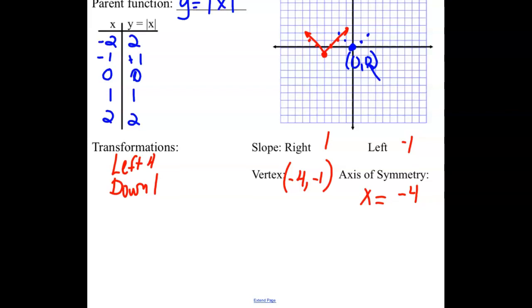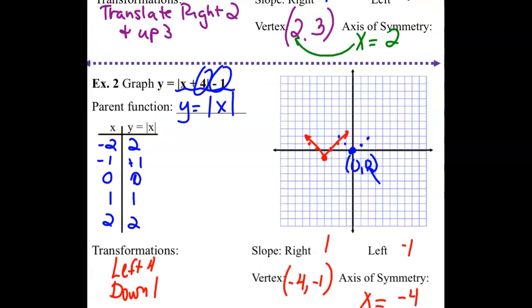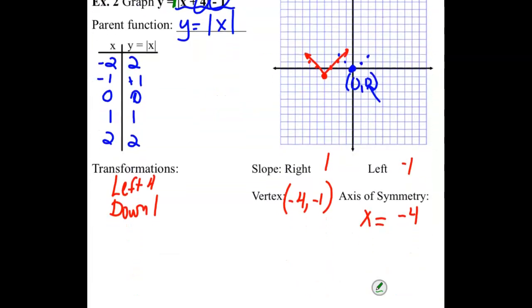No. So your slope is going to come from whatever that A value is. If there's a stretch or compression or a flip, a reflection over X, that's going to be evident from our equation, which means it affects our slope. So the slope of the right side is really going to come from that A value. And then our slope on the left is always just the opposite of whatever we had.